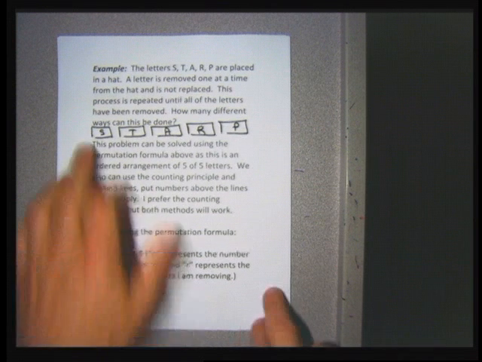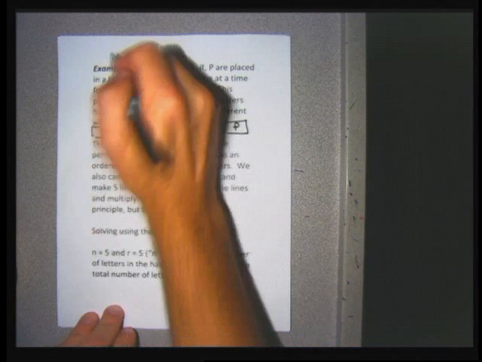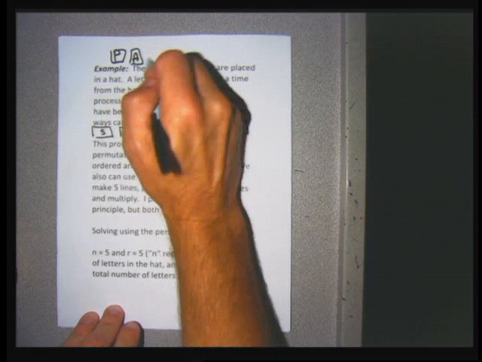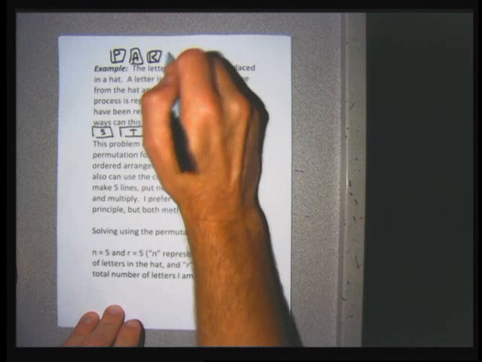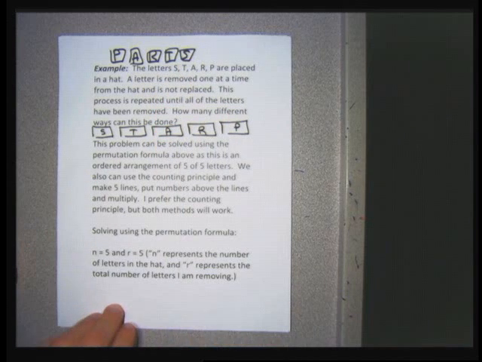Well, one thing could happen, I could get the letters in this order. Another thing that might happen is I might get a P first, an A second, an R third, a T fourth, and an S fifth. That could happen when I'm picking out one letter at a time and I'm not replacing it.